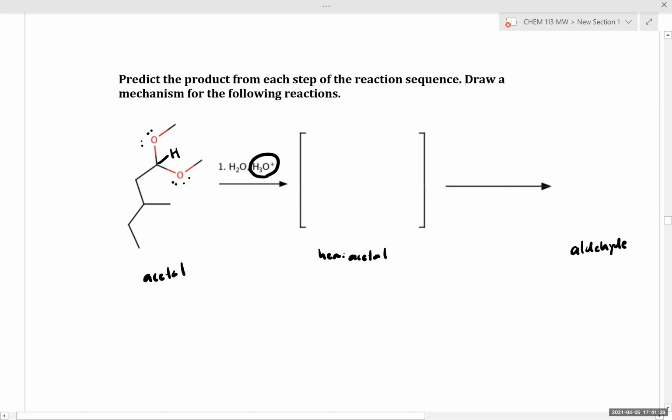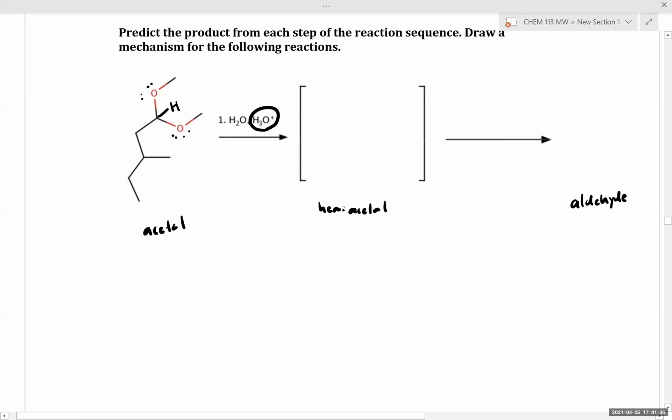Now that we have a rough sense of what's going to happen, let's try to draw out a full arrow pushing mechanism. We have plenty of space on the class whiteboard. I'd like us to take a moment to draw out or describe the steps for this mechanism, and to talk about what the intermediate and the final product will look like.